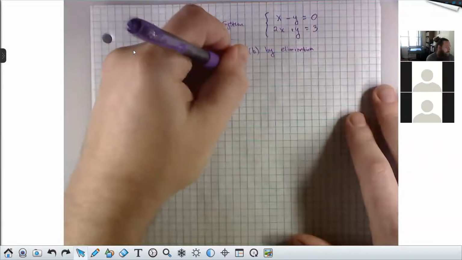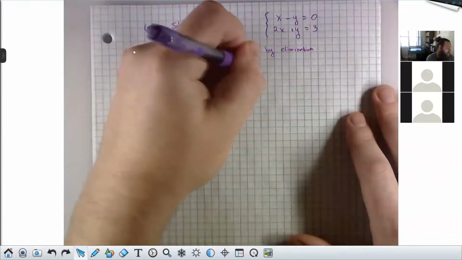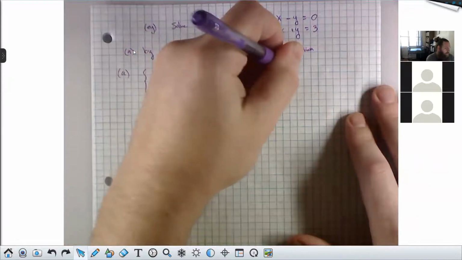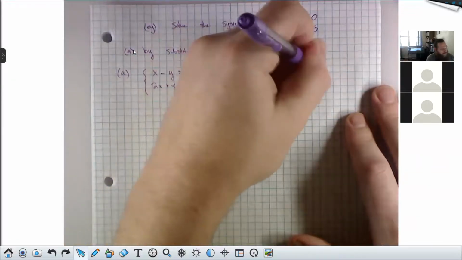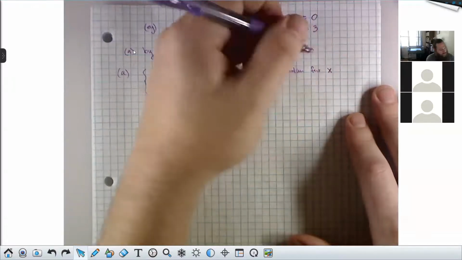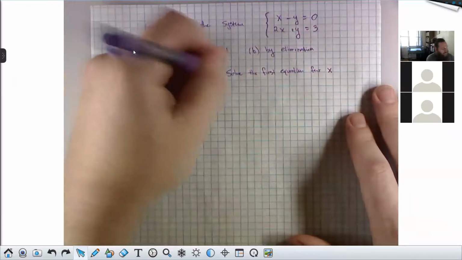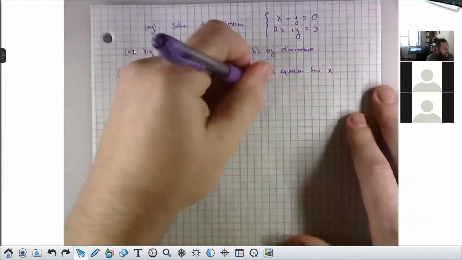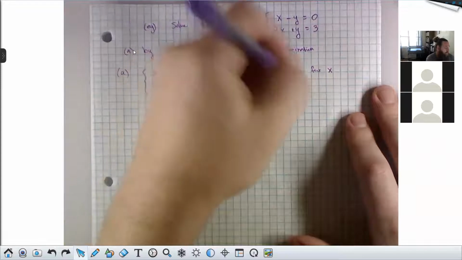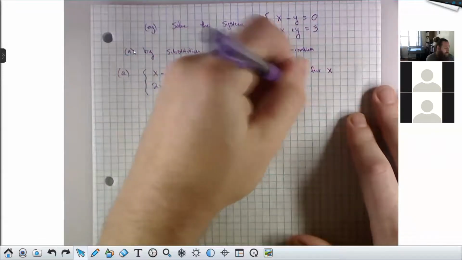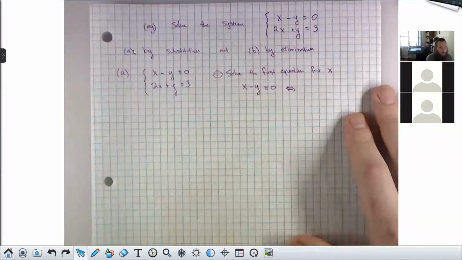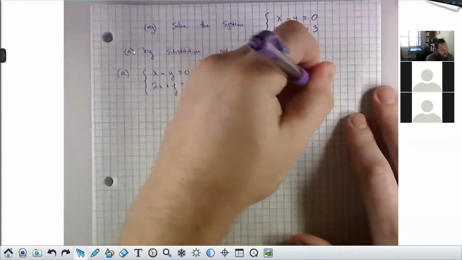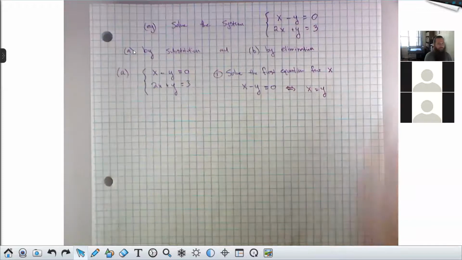So I'm going to begin by solving the first equation for x. That's my first step. So I've got x minus y equals 0. Solving linear equations is not hard. We've been doing it all semester. We just add the y to both sides here, and I get x equals y.